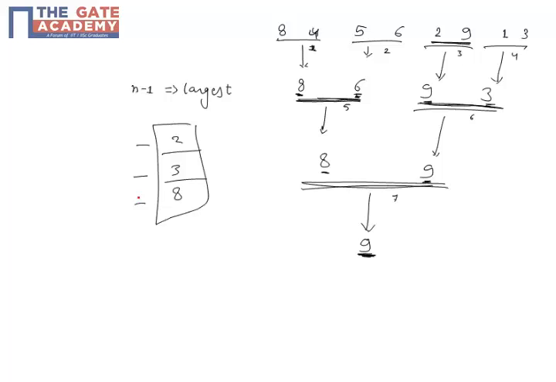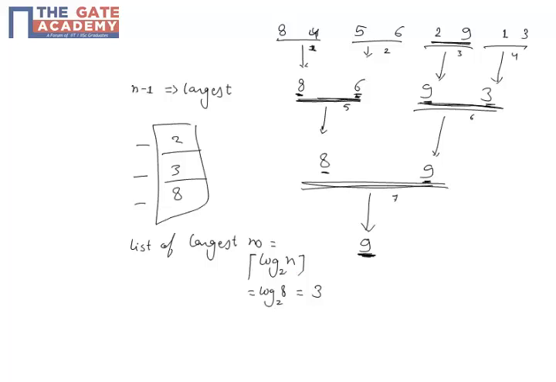You can observe that if I have a total of 8 numbers, then the list of the largest number will have log n members. Log of 8 is 3, so I'll have 3 members here. This should be the ceiling value of log n if n is not a power of 2.